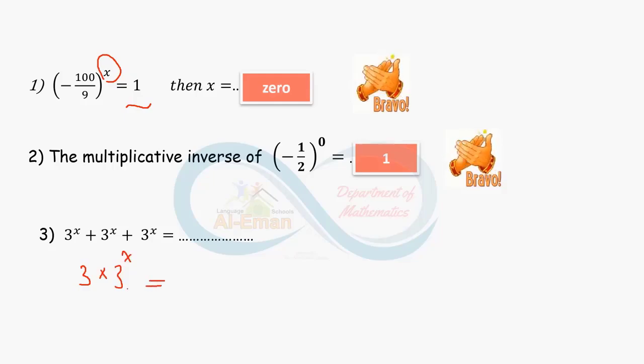When we multiply, we add the powers. 3 times 3 to the power x, our index here is 1, so our answer will be 3 to the power 1 plus x. Bravo!